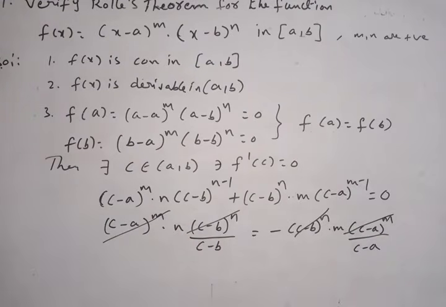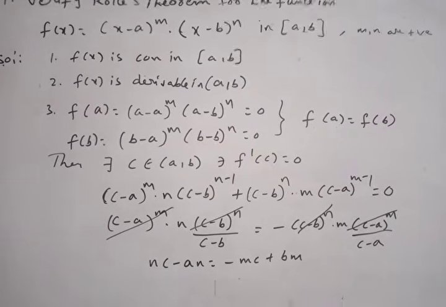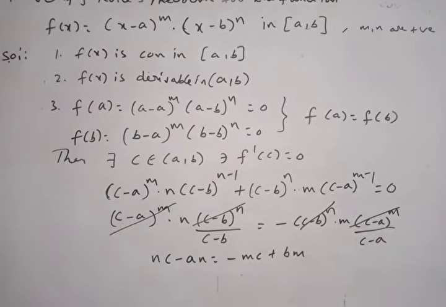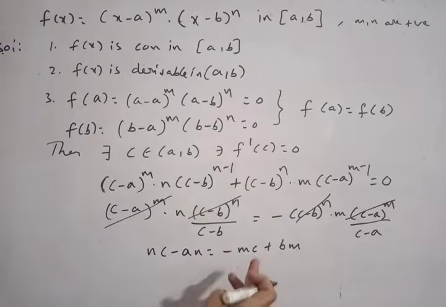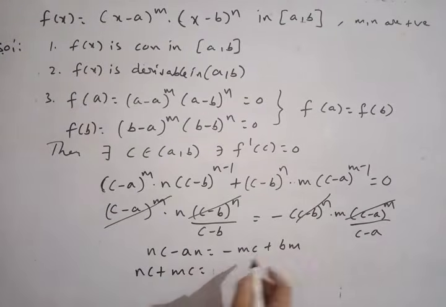Now if I cross multiply, what is left here? If I cross multiply, nc minus an is equal to minus mc plus bm. Which value do we need? We need c value, right? One second. So take this term this side: nc plus mc is equal to, this term will come this side, an plus bm.